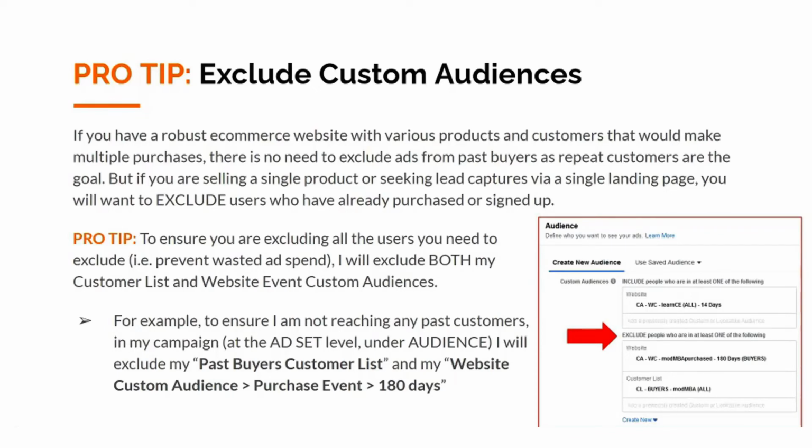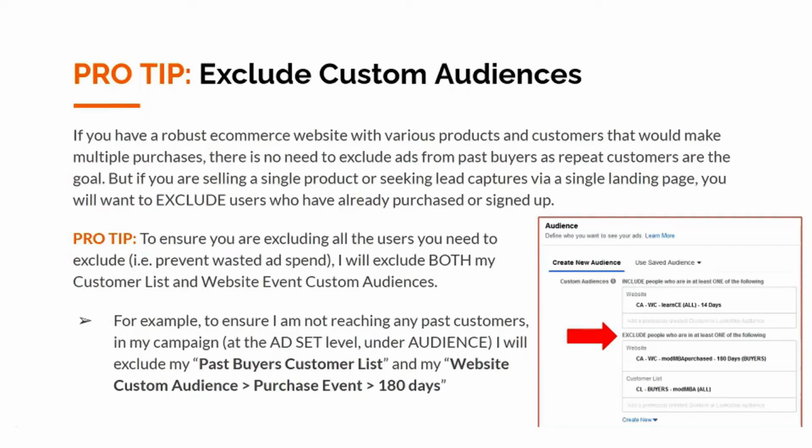To ensure you're excluding all the users you need to exclude, i.e. to prevent wasted ad spend, I will exclude both my customer list and my website event custom audience. For example, to ensure I'm not reaching any past customers in my campaign, at the ad set level under audience, I will exclude first my past buyers customer list. So that's the CL buyers.